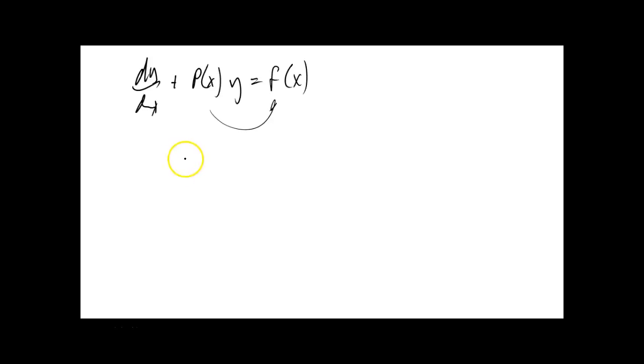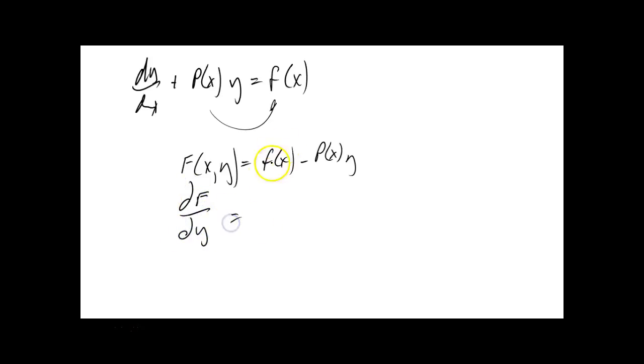Because if capital F of x, y is equal to little f of x minus p of x y, then the partial of F with respect to y, little f has no y dependence, so this would just be minus p of x.